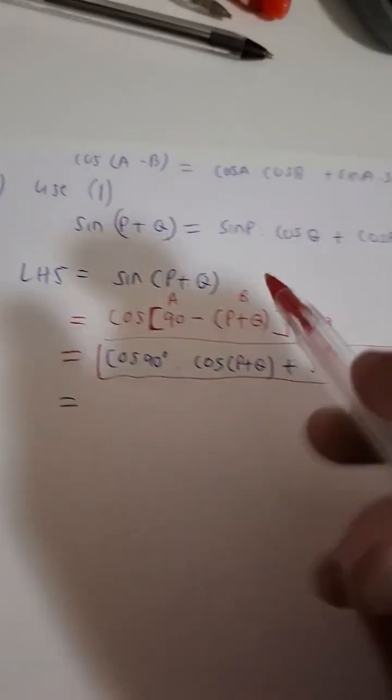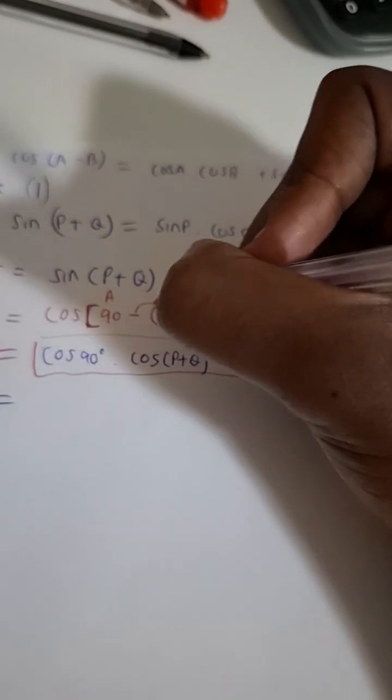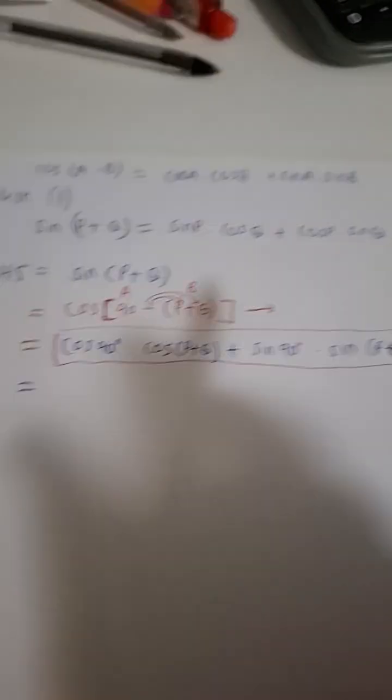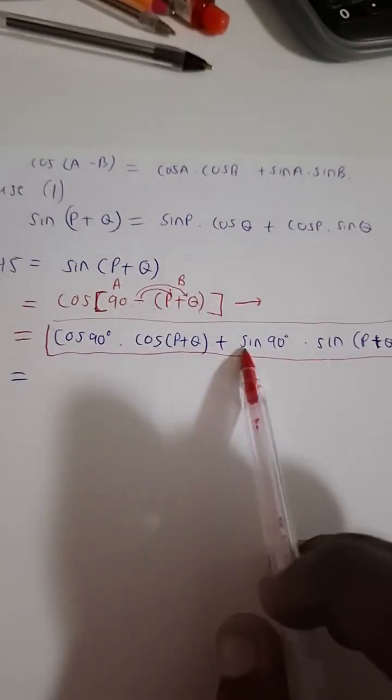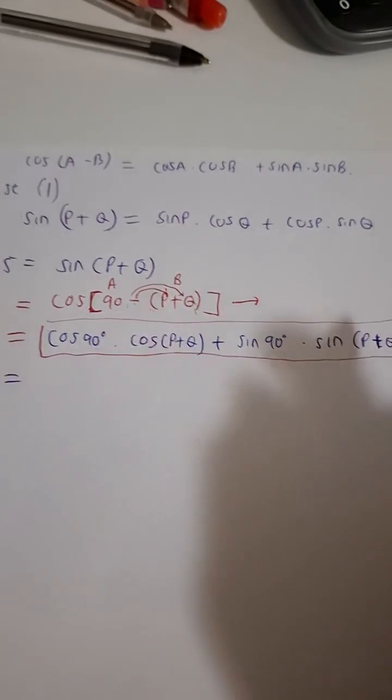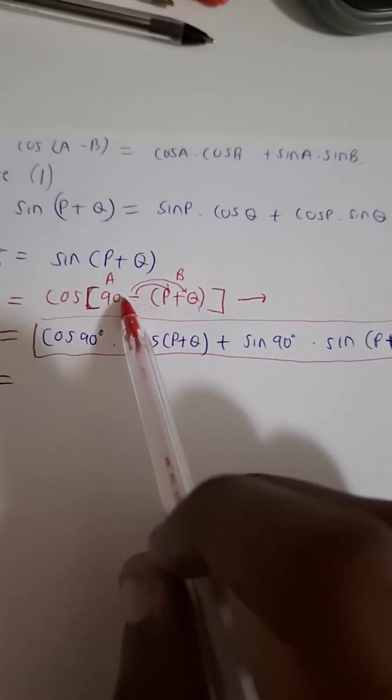So what I'm going to do is take this negative sign and distribute it inside the bracket, because I've realized something as I've been working, that it's going to make my life difficult.